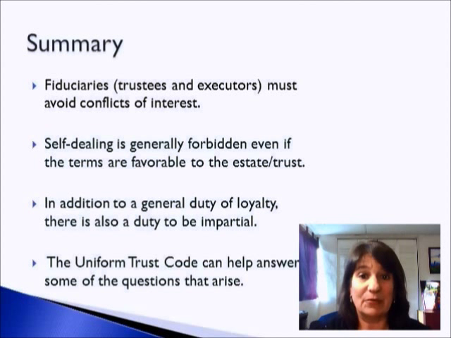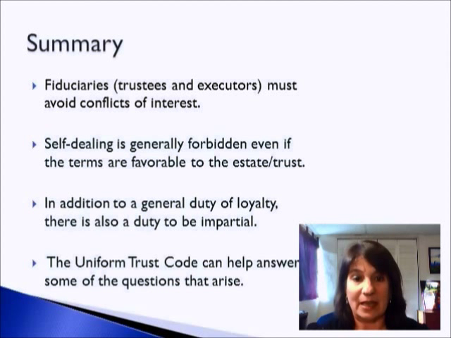Generally, though, self-dealing is absolutely forbidden, right? We saw that, even if the terms are favorable. In addition to that, there's also a duty to be impartial. We'll see where that comes up a little bit later. And the Uniform Trust Code, if you did take a look at it, can help answer some of those questions. It tells you how to allocate things. It tells you who to treat as a client, and so on.